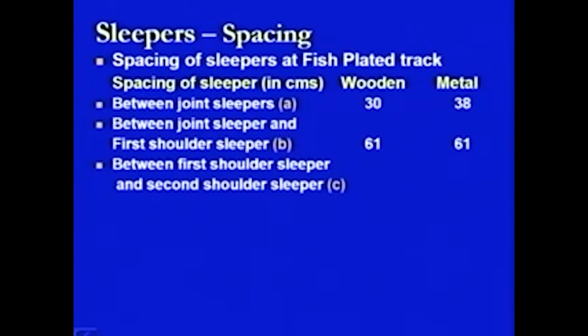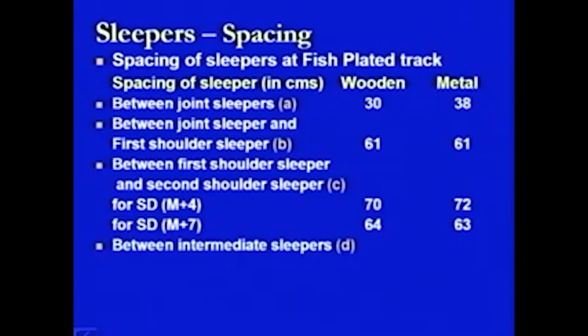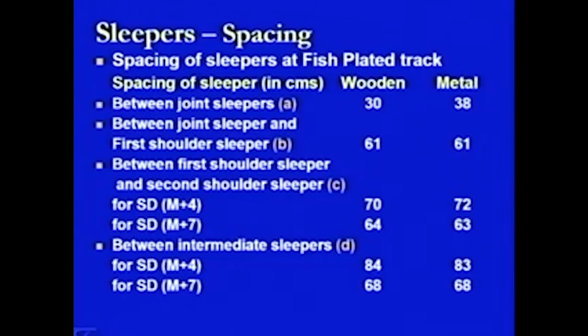Between the first shoulder sleeper and second shoulder sleeper, it is 70 or 72 centimeters if the sleeper density is m plus 4, and it is 64 or 63 if the sleeper density is m plus 7. Between the intermediate sleepers, it is 84 or 83 if the sleeper density is m plus 4, whereas it is 68 centimeters if the sleeper density is m plus 7.